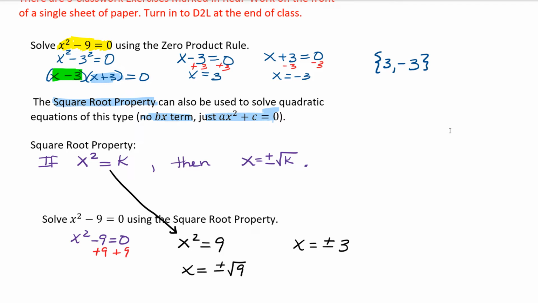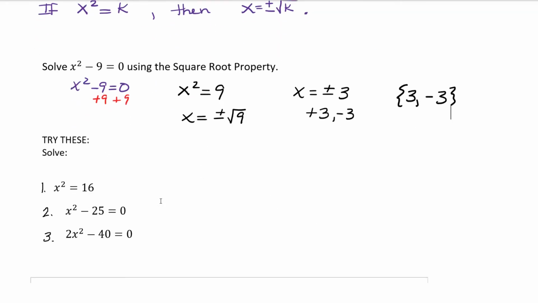This plus or minus just means that you have two answers, a positive 3 or a negative 3. So you're going to have the same solution set, 3 or negative 3. So this is just a different tool in your toolbox that might be advantageous in certain situations.